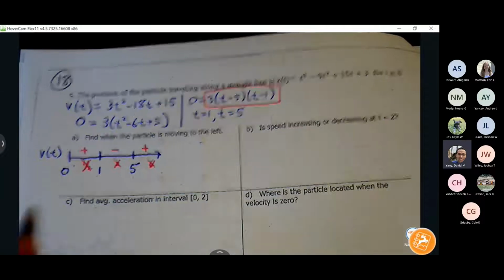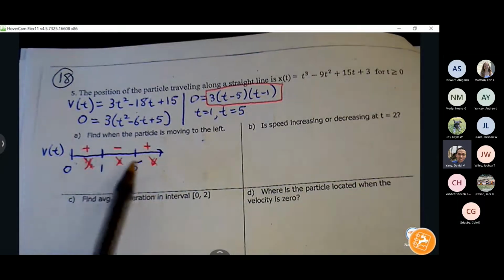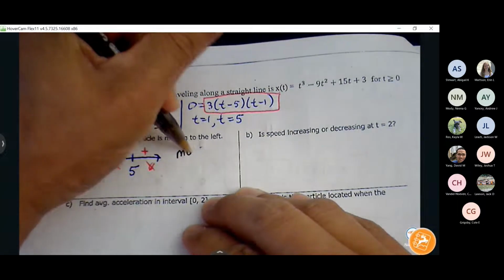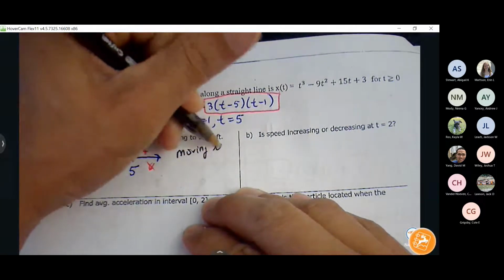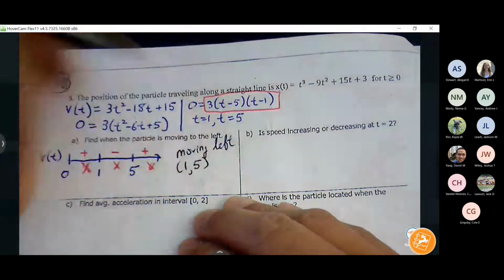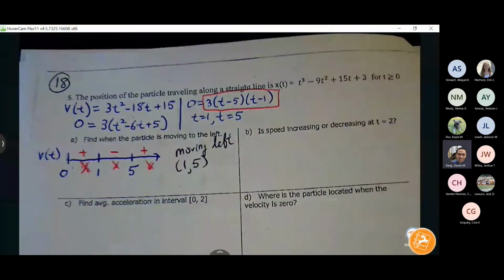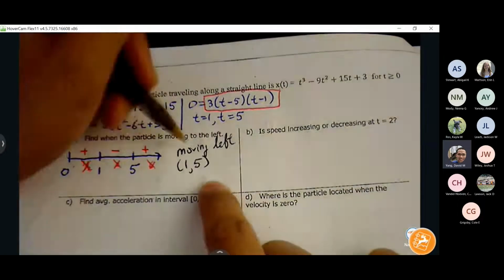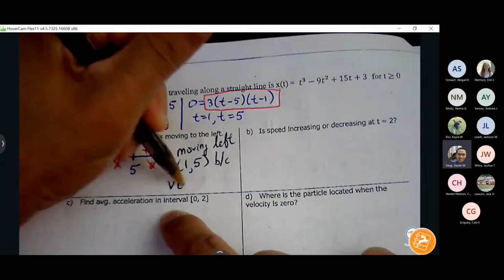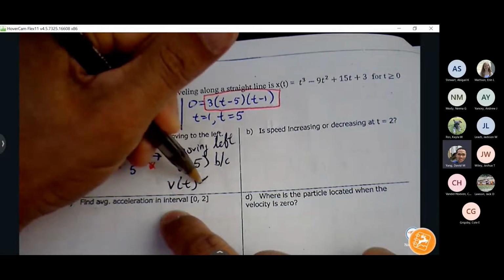Okay, particle moving left, we see that is between 1 and 5, parentheses on both sides. I'm not asking for justification for this problem, but on the test, if I ask you to justify your answer, you would say because v of t is less than 0.